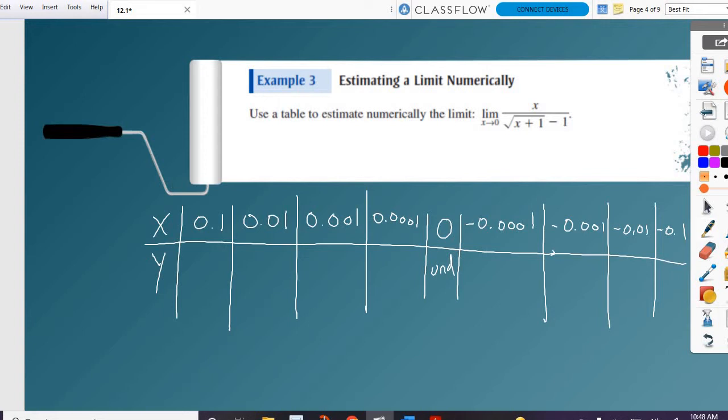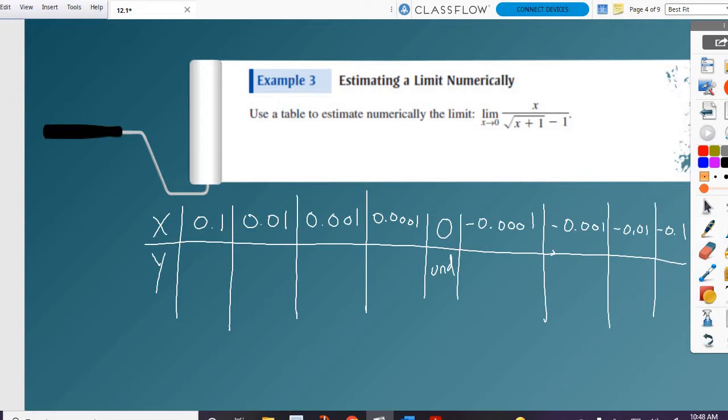I would probably use your table function, because then you just type in the function, and it allows you to evaluate it at any value. So fill in your table, and then we're going to look at it all together.